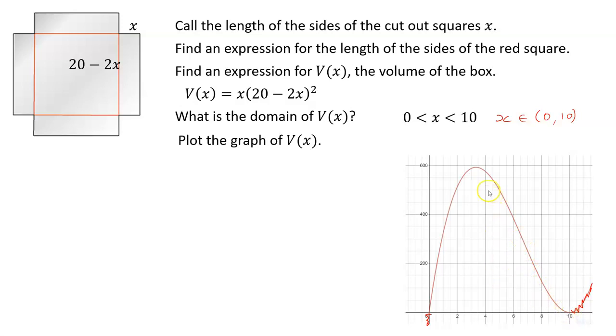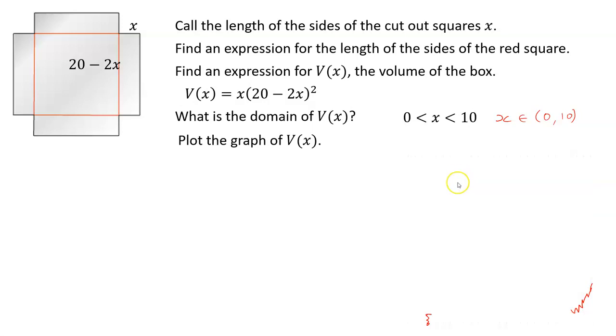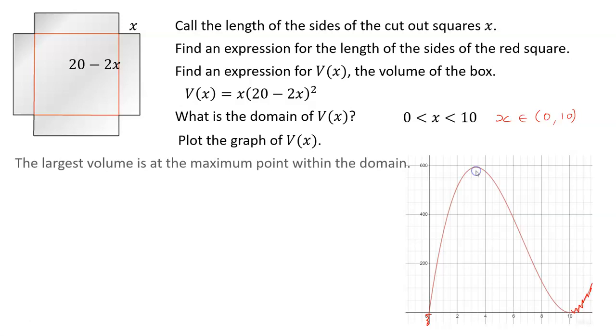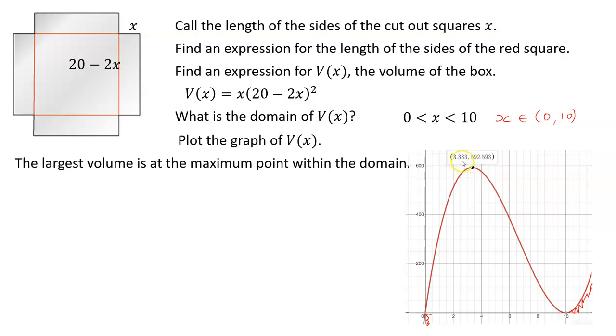We can clearly see that my maximum volume is here at the local maximum of the graph. Now, on your CAS, you can get your CAS to tell you what the maximum point is, and I will have a look at that in a moment. But let's just see for this one here. This occurs at the point 10 over 3 for x and this lovely value here for the volume.